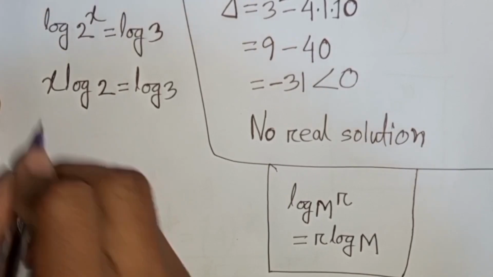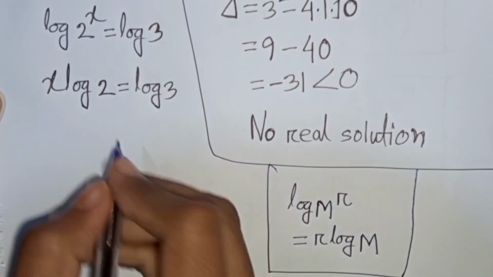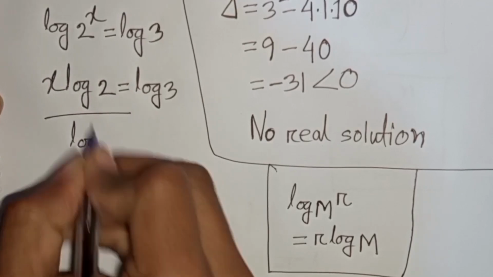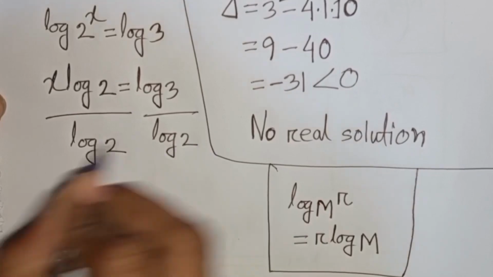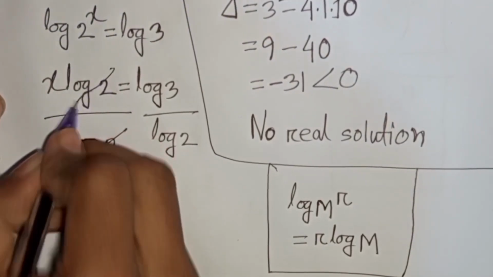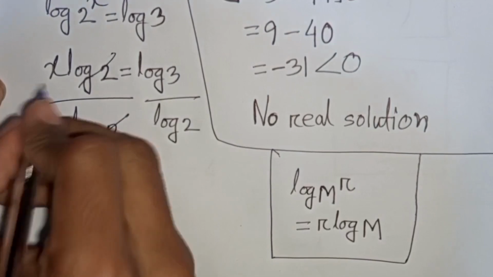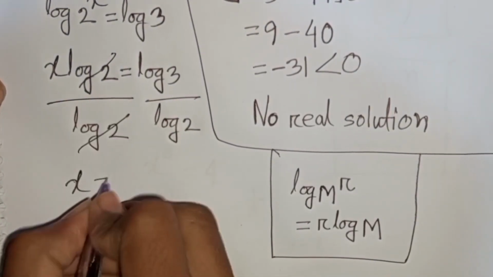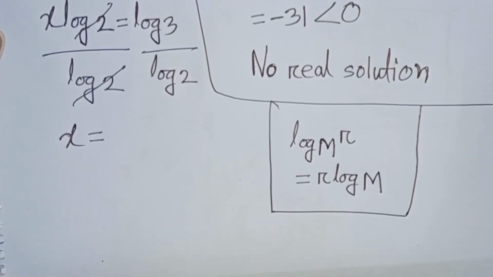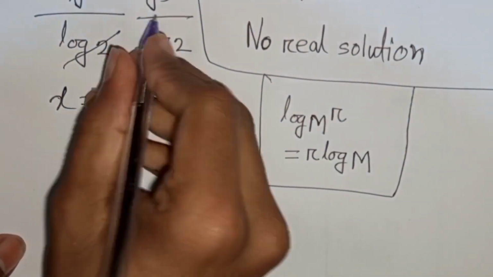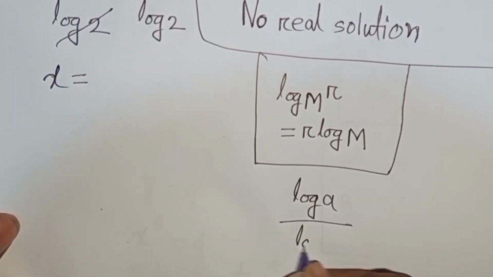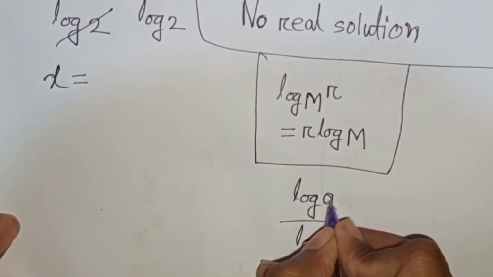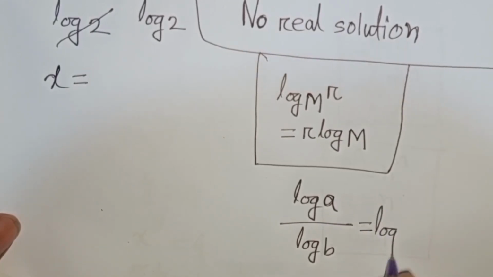Now we need the value of x, so divide by log 2 on both sides. Now we see this log 2 will be cancelled. So here x will be equal to, here we can apply this formula: log a divided by log b is equal to log a base b.